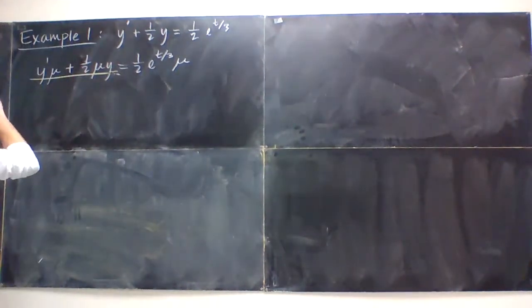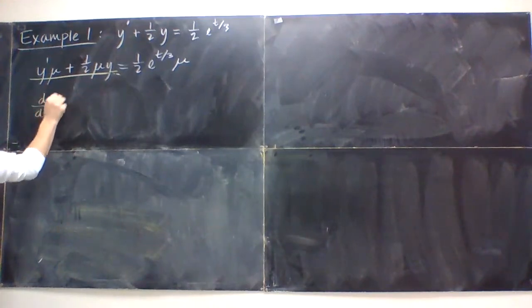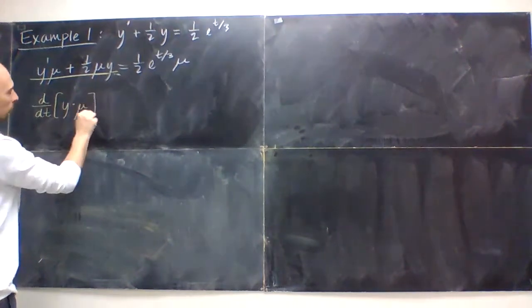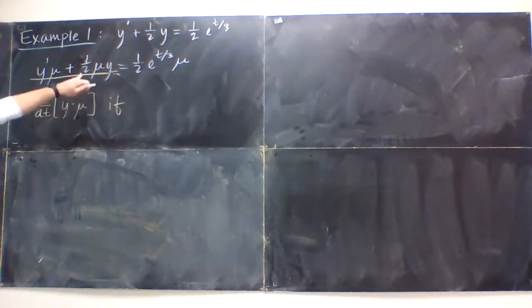This is going to look like the derivative with respect to t of y times mu if the derivative of mu is half of mu.